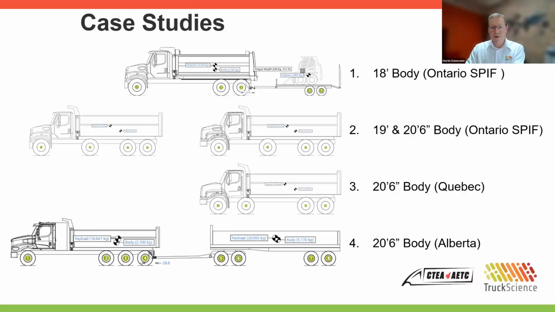Next, we'll add a pusher axle and a 19-foot body and determine our new carrying capacity when applying Schedule 23 of the Ontario SPIF regulations. I'll also switch the vehicle to a set back axle option with a slightly longer body to demonstrate how this affects the weight carried by the front axle.